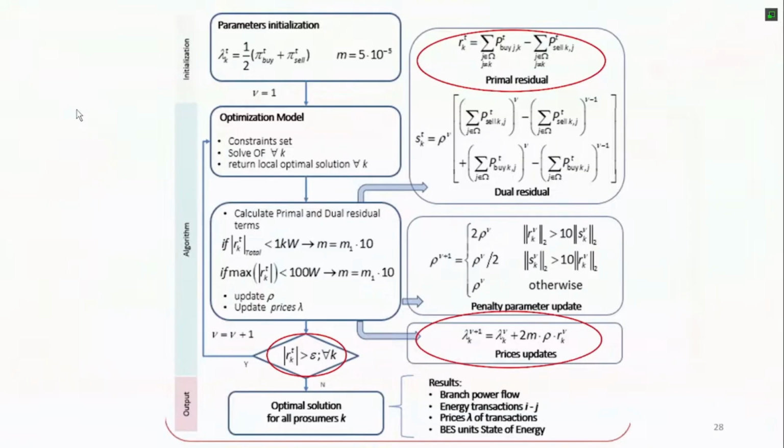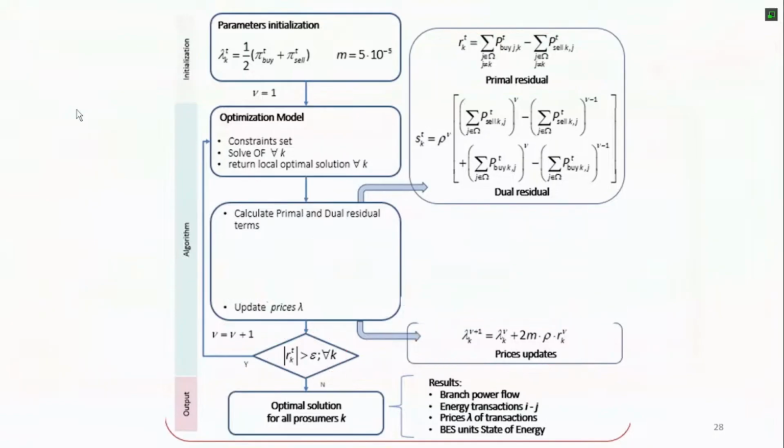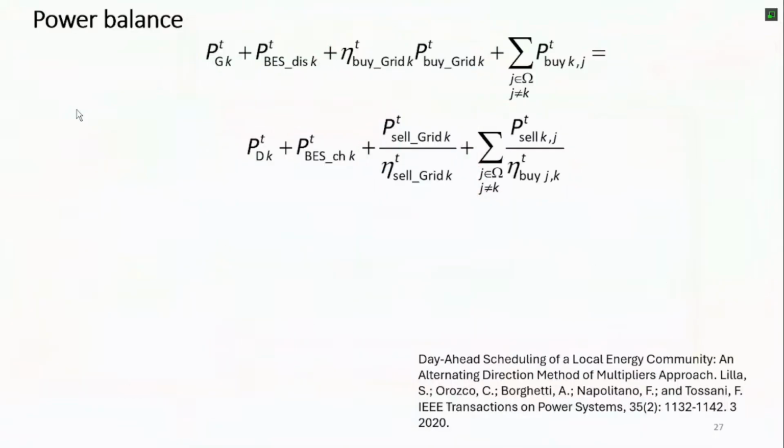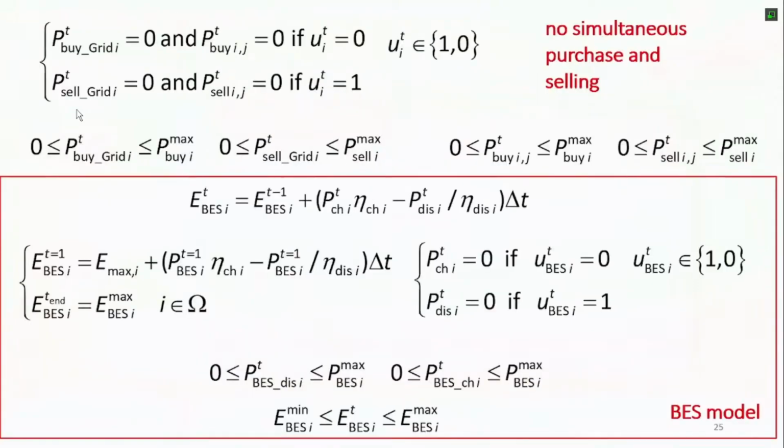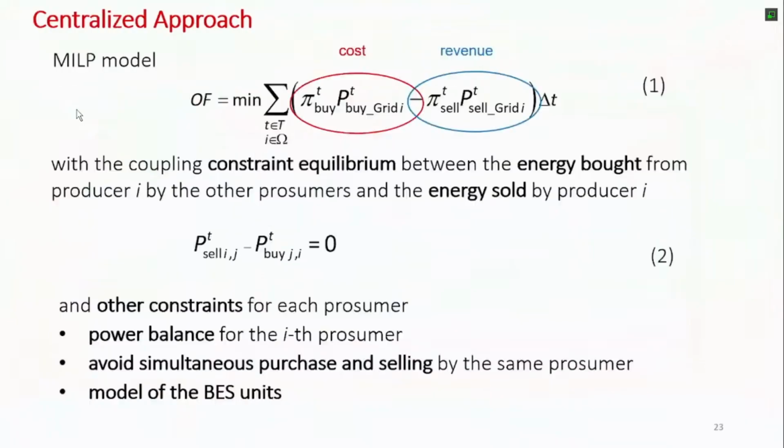When it is lower than the tolerance, it means that the constraint for each transaction is violated by only a few watts. We put a limit of 5 watts or so, and then we say, okay, this is the solution.